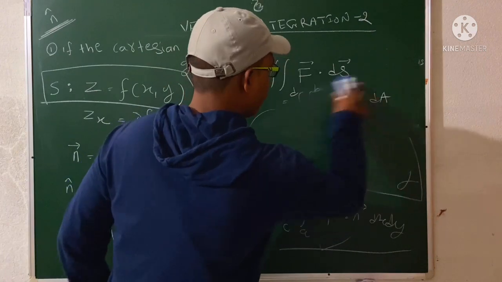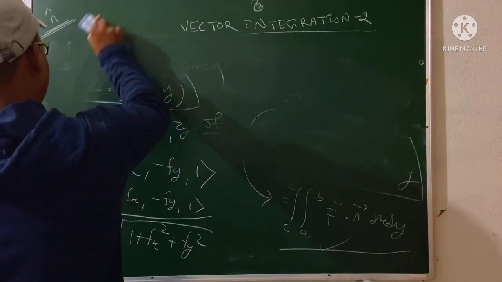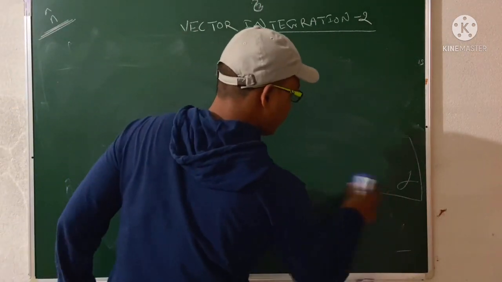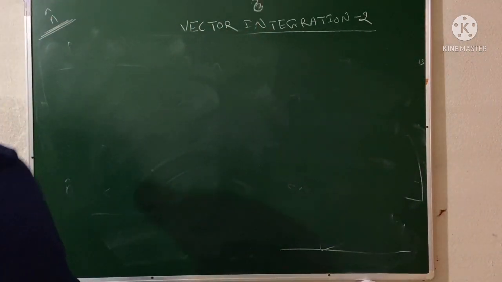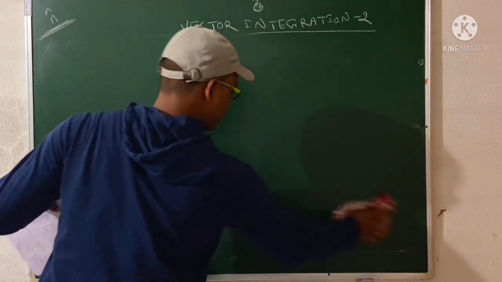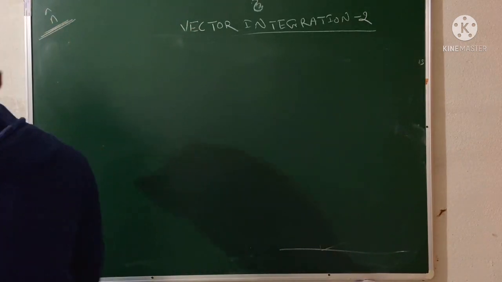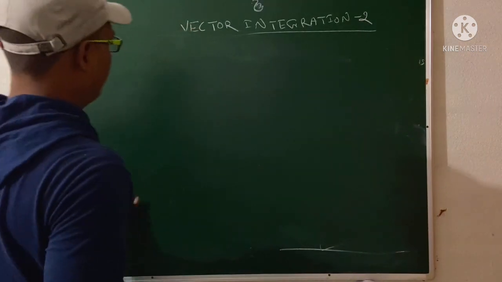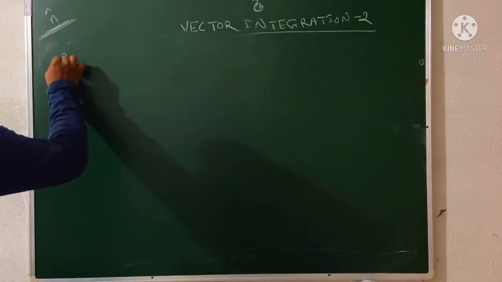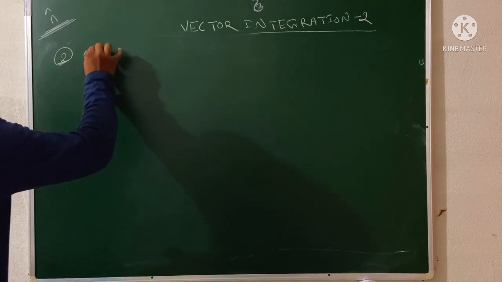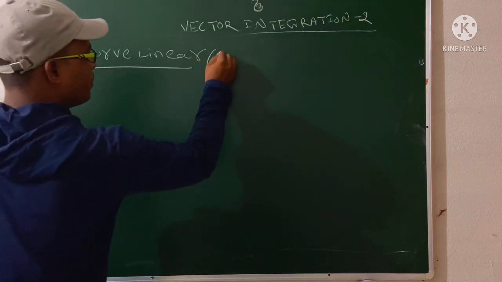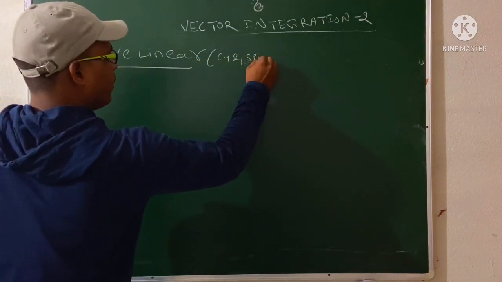So now we will go to the second formula, how we find the n cap. That is the second formula for finding the n cap. The second one is, remember, the curvilinear system, that is for cylindrical and for spherical.